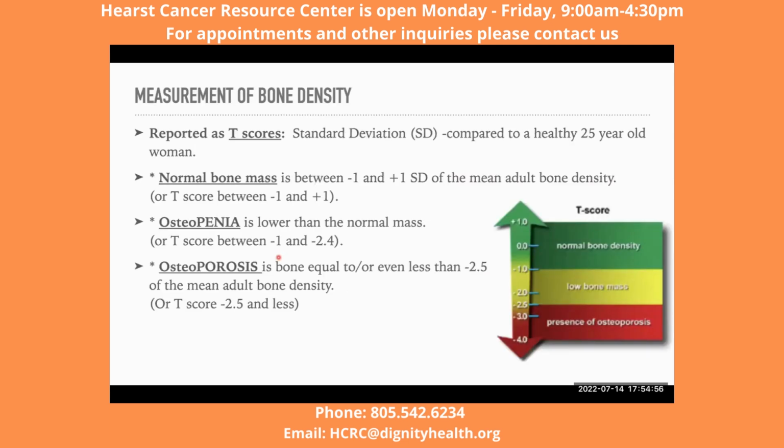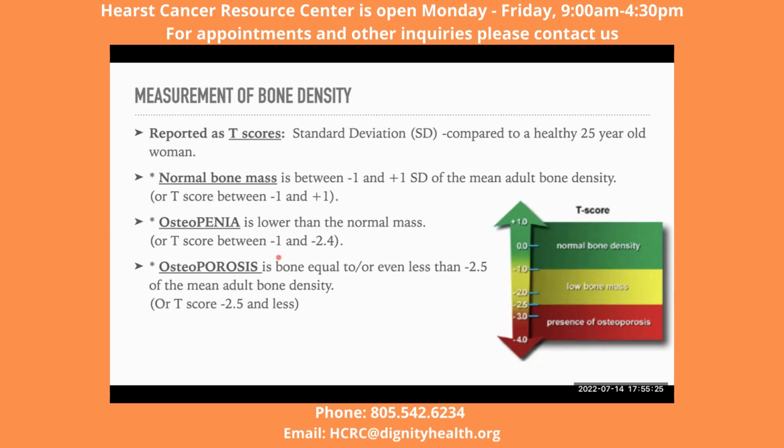How do we interpret the DEXA scan report? So bone density determinations are all made by comparing a patient's bone scores relative to a young adult bone, like a 25-year-old bone. The measurements are reported as T-scores, and these scores will be a number between a positive and negative number. The numbers relate to standard deviations, meaning how far above or below you are compared to a young adult healthy bone.